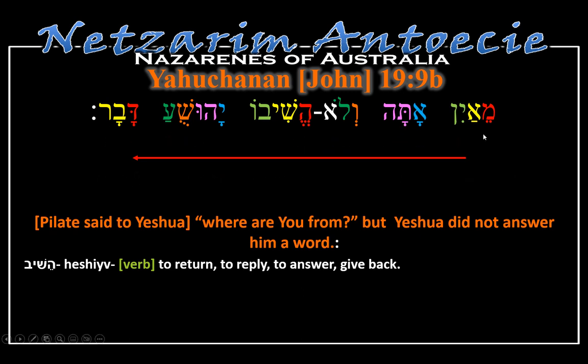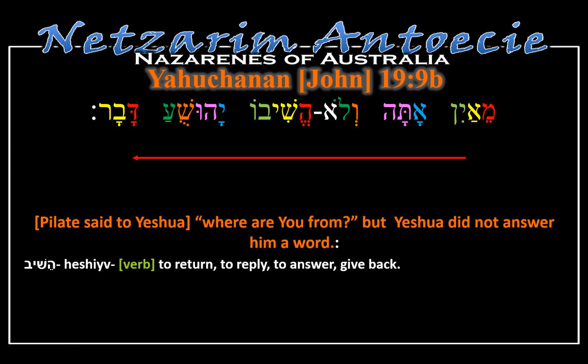So now let us read that. Me ayin, ata, v'lo, he shivo, Yahushua davar. So if we look at this word, just out of interest, the mem is often from, and ayin, it could mean like not, from not.